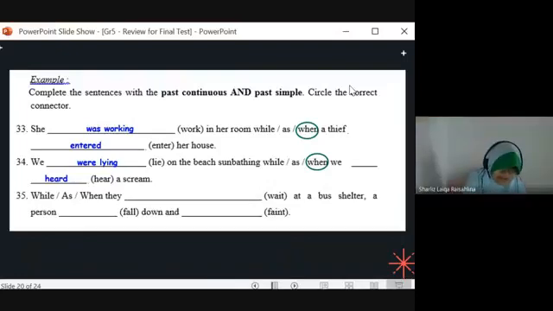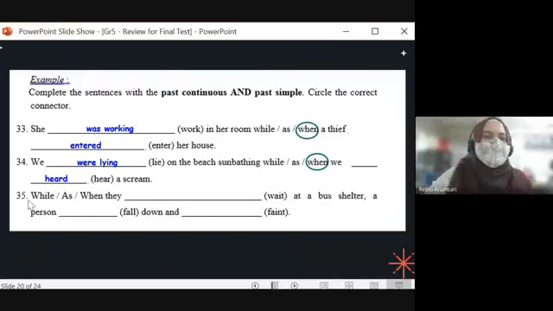They were waiting at a bus shelter. A person was falling down and fainted. Yes. Number 35, while or as.